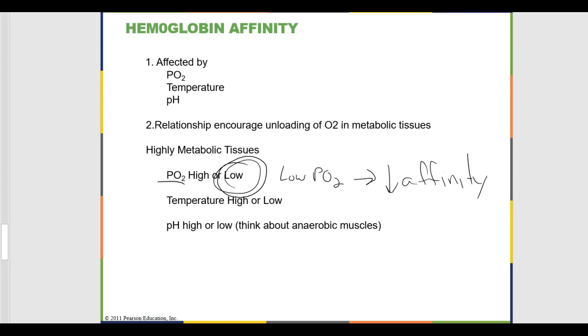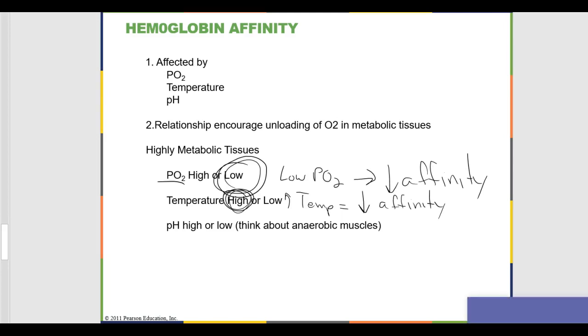You all hopefully intuitively know that when you exercise, you sweat because your body gets warm. Heat is a byproduct of your metabolism. So if the temperature goes up, as it does in highly metabolic tissues, then affinity is going to go down.